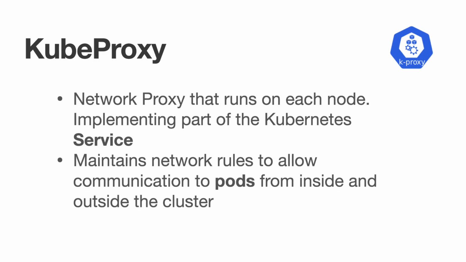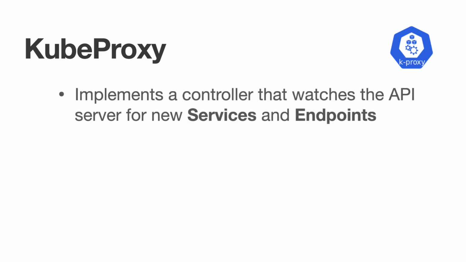Also, early in this course, you've learned about watch loops and controllers. So the kube-proxy also implements a controller that watches the API server for new services and endpoints. So you've learned about services and endpoints and how they tie together.